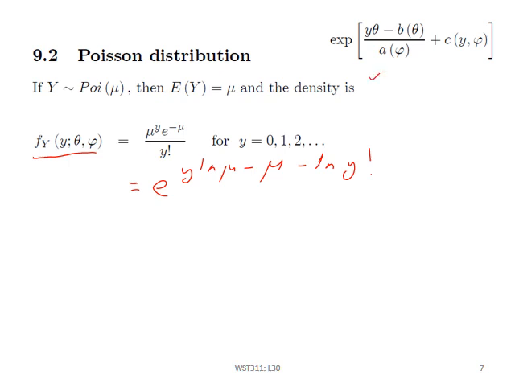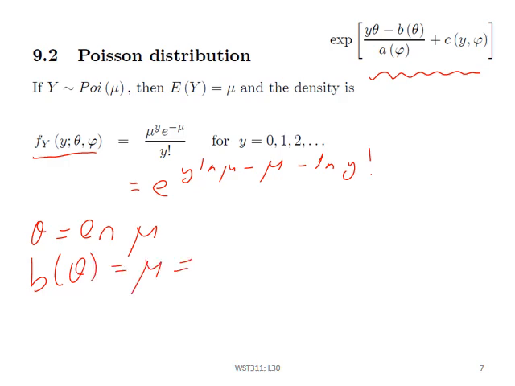Comparing this now with the general form of the exponential family, we can identify the different components as follows. We see that theta is equal to the ln of mu. We see that b of theta equals mu, which is equal to e to the power of theta. Also, the scale parameter is equal to 1.